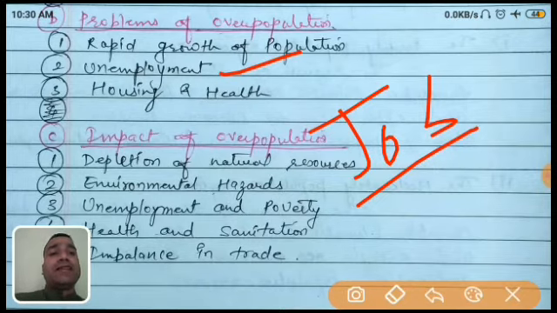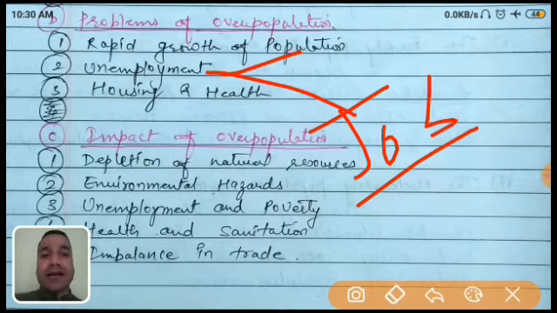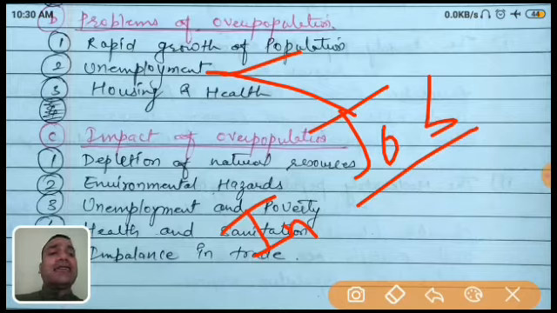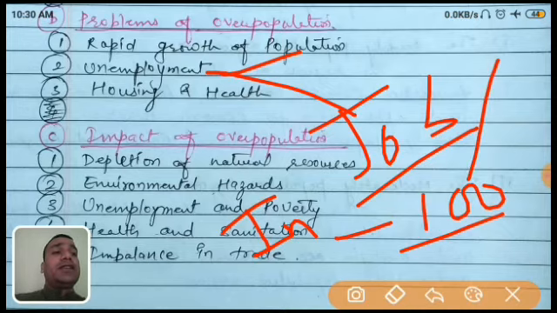This is the condition in undeveloped or underdeveloped countries. Why? Because industrialization is very less. Just like, if one factory requires 100 workers and the population is 1000, obviously only 100 can get a job.